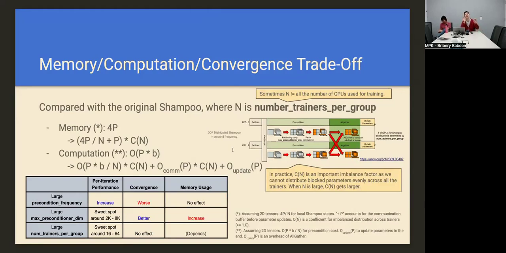If we don't have enough blocks, we cannot distribute those blocks across all the GPUs. And particularly if you use so many GPUs, it gets really hard to evenly distribute those blocks. So that becomes a problem. For the computation, the same thing. So there are some additional costs. As a result, if you use large precondition, performance gets increased, but convergence gets worse. So it exposes a very complex performance, computation, and convergence trade-off.